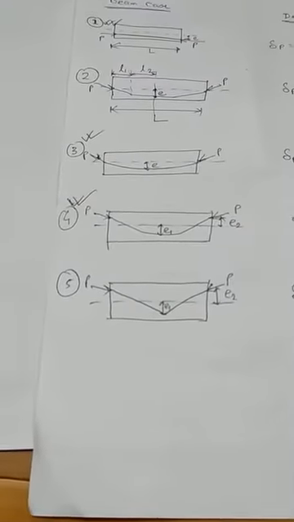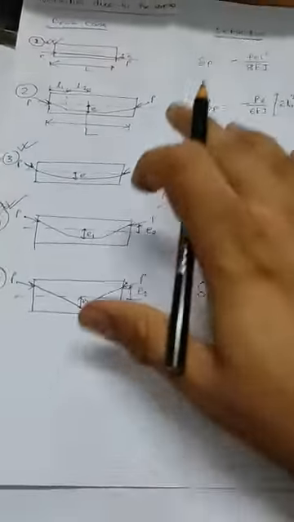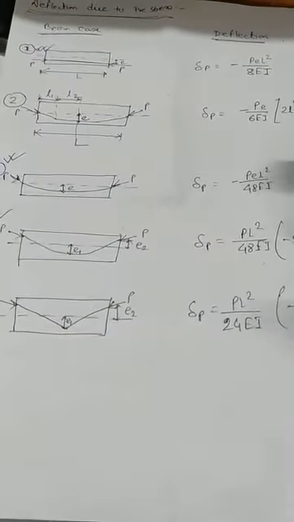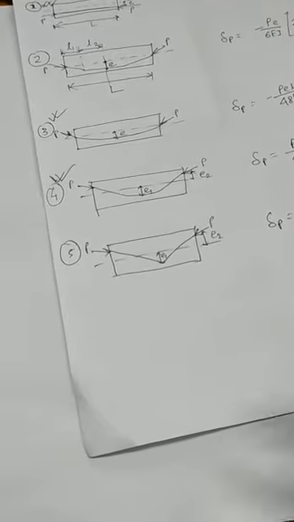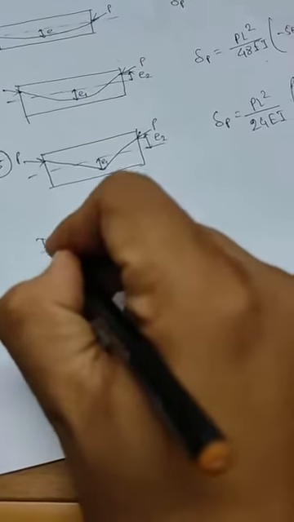Okay, so these are the formulas for deflection due to prestress. Now deflection due to self load or dead load we already know, that is 5W L to the power 4 by 384 EI. Okay, I have written it down.